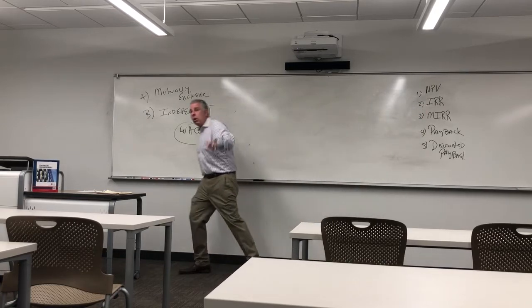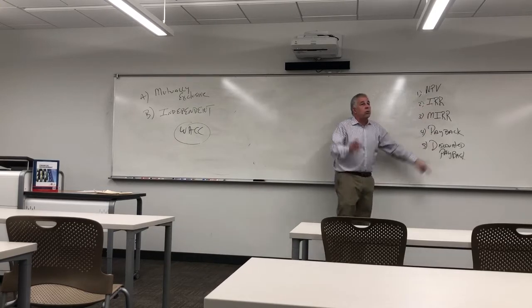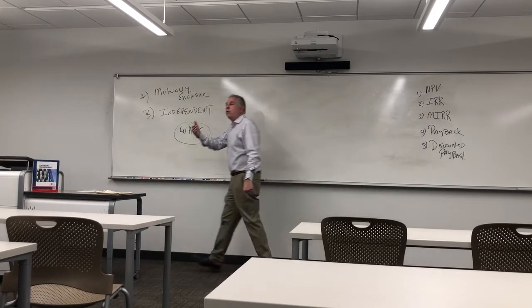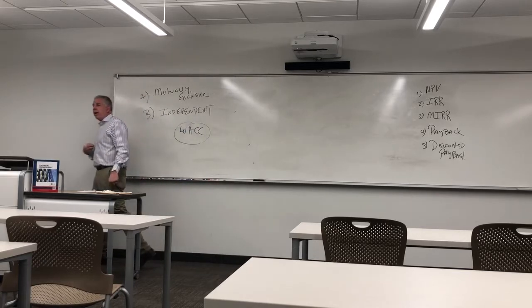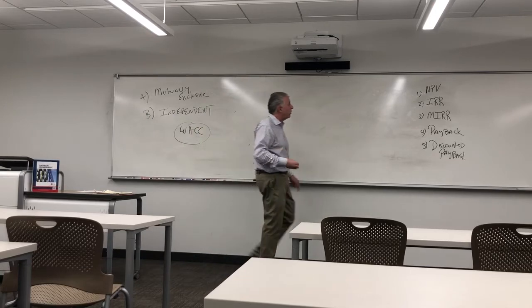It actually corrects for both issues, but it's specifically the first issue of, do you invest the money that you receive from one project to earn exactly the same internal rate of return in other projects?